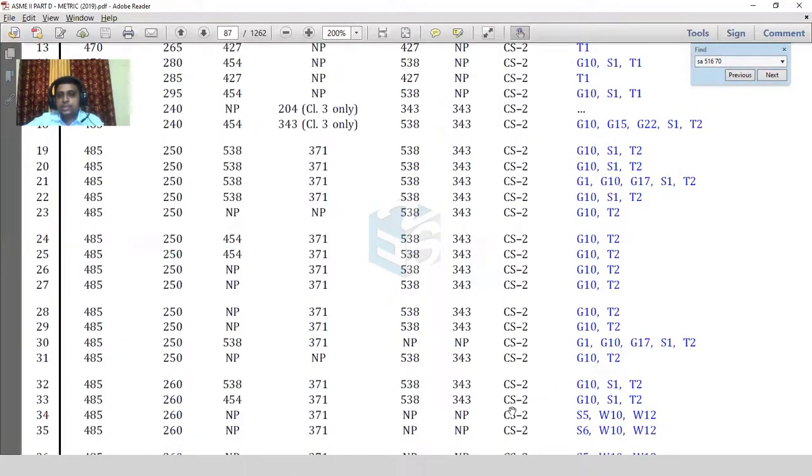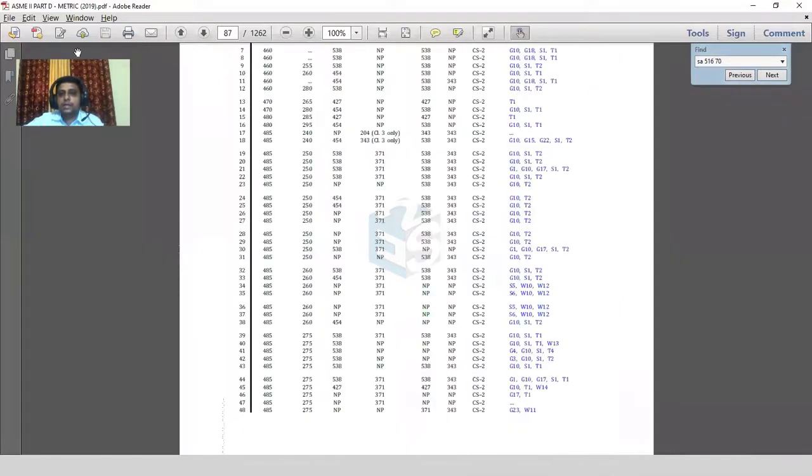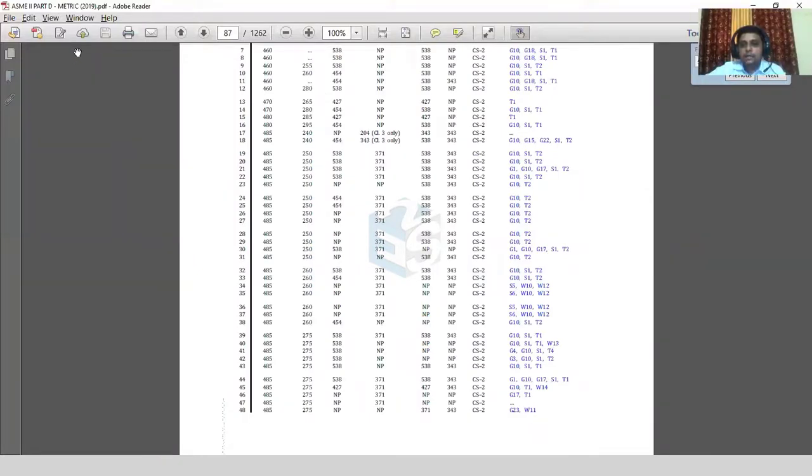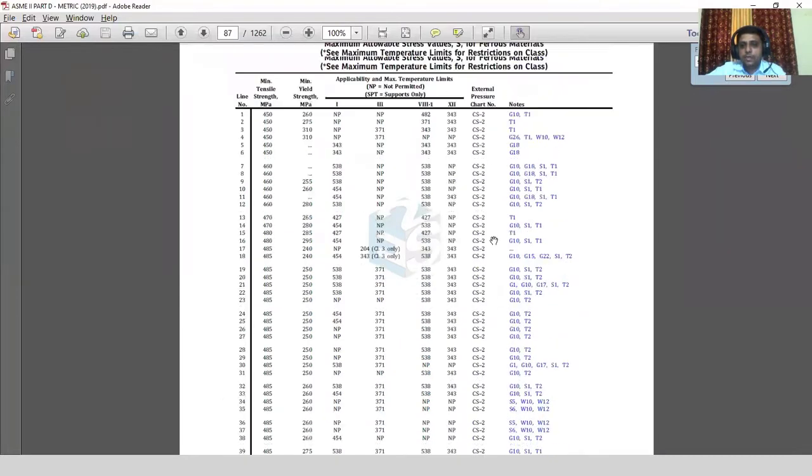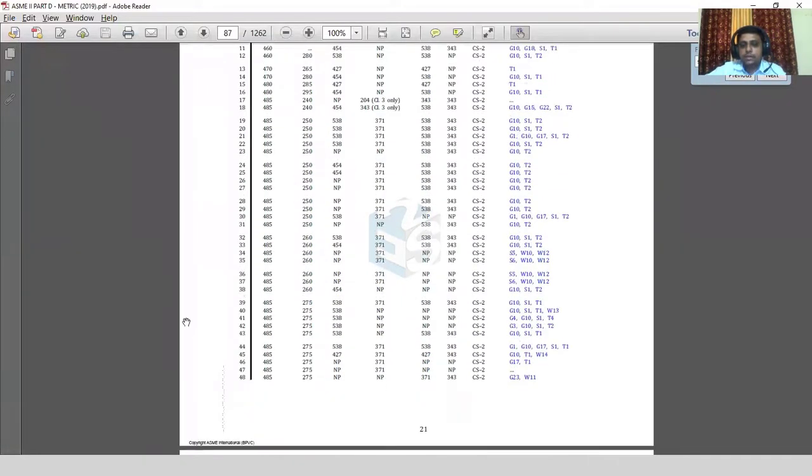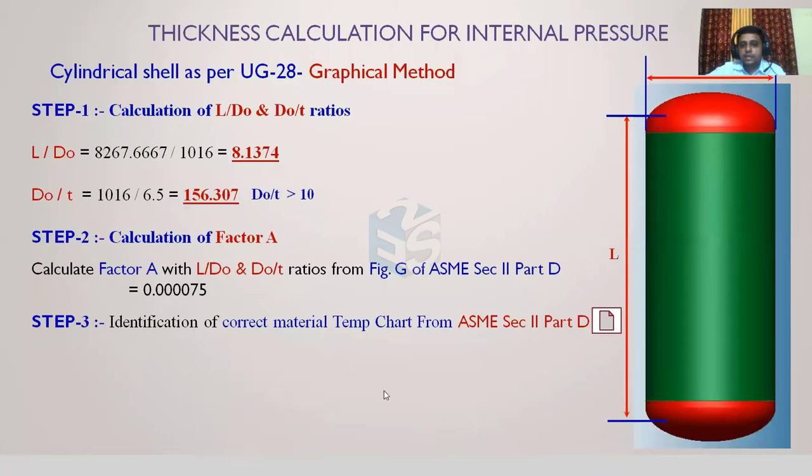CS2 is the correct chart that we need to refer to in order to calculate the respective value of factor B. So first, we have identified the correct external pressure chart number for line number 33, our MOC, that is SA516 grade 70. We have found out that for SA516 grade 70, the correct external pressure chart is CS2.